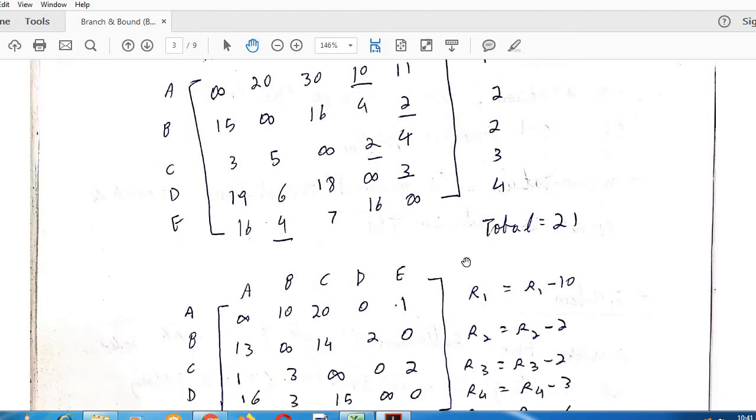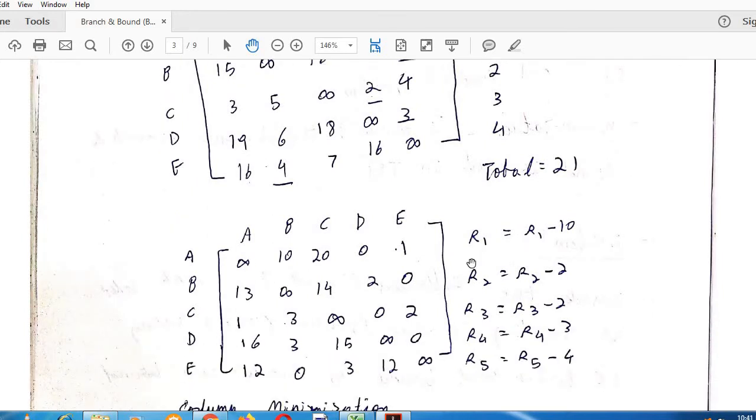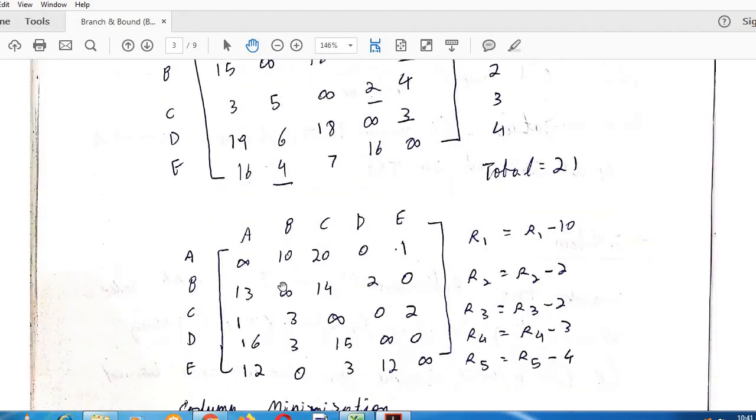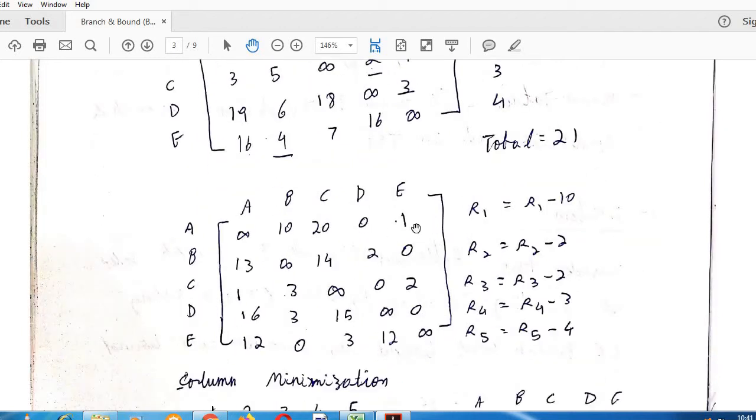To give you an example, in the first row the minimum value is 10. So all of the elements of the first row are subtracted with the value of 10. When I subtract 10 from the first row, I'll get infinity, 10, 20, 0, 1. That is what I get in the first row.